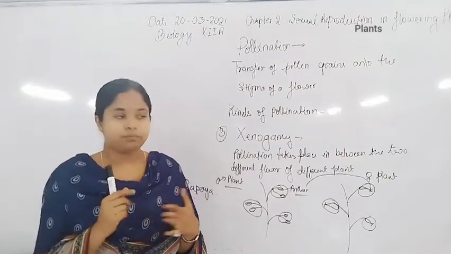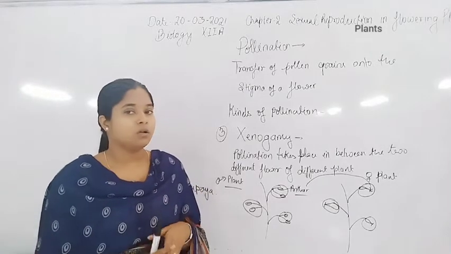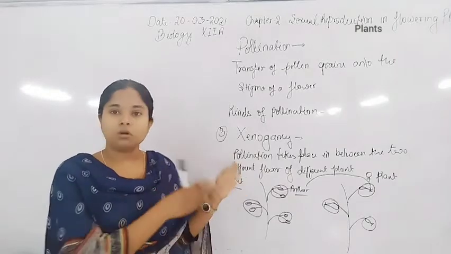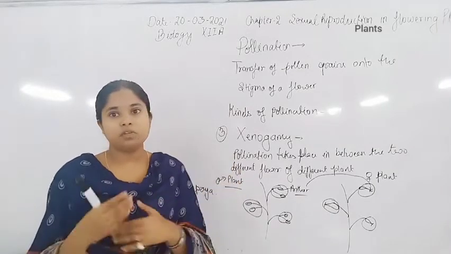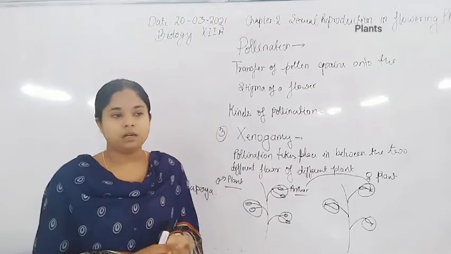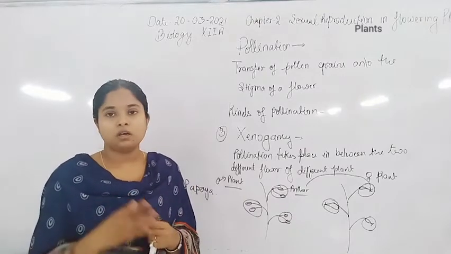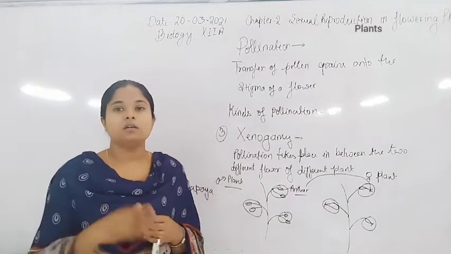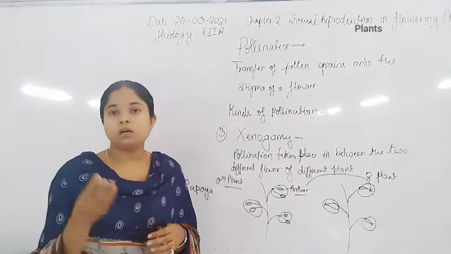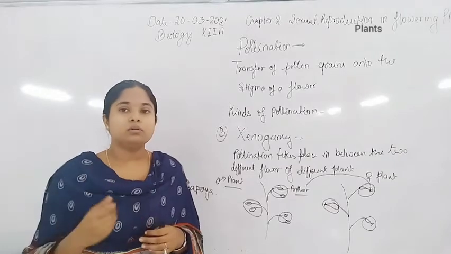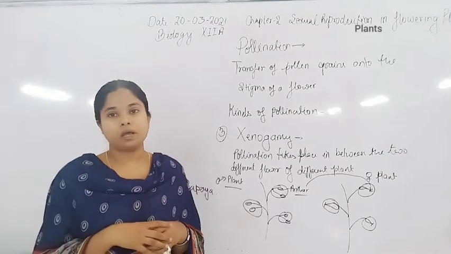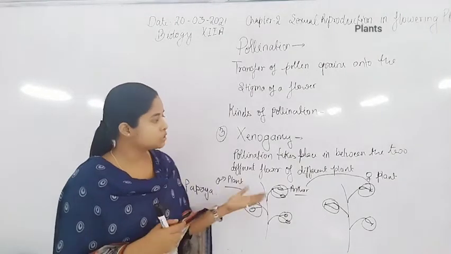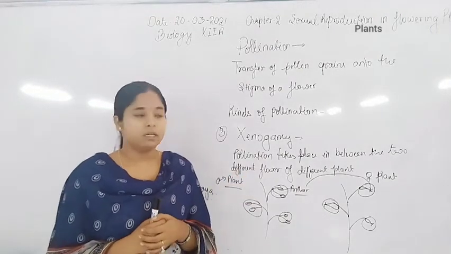That type of flower is bisexual, and the pollination is autogamy, as in most flowers, for example China rose of the Malvaceae family. Guava also has bisexual flowers, and mango also has bisexual flowers, and some other species show bisexual flowers, in which autogamy is carried out by the flower.